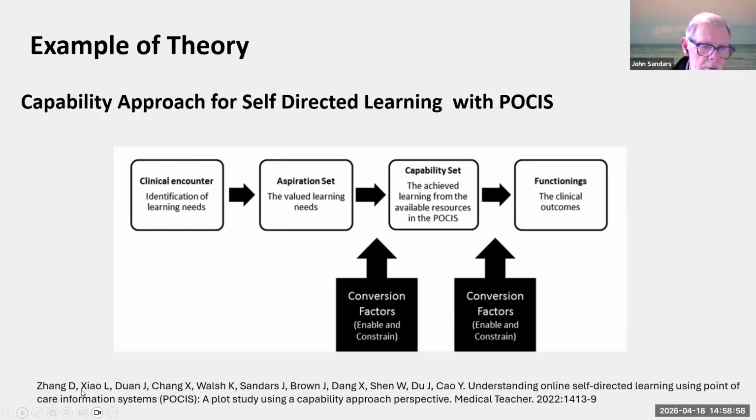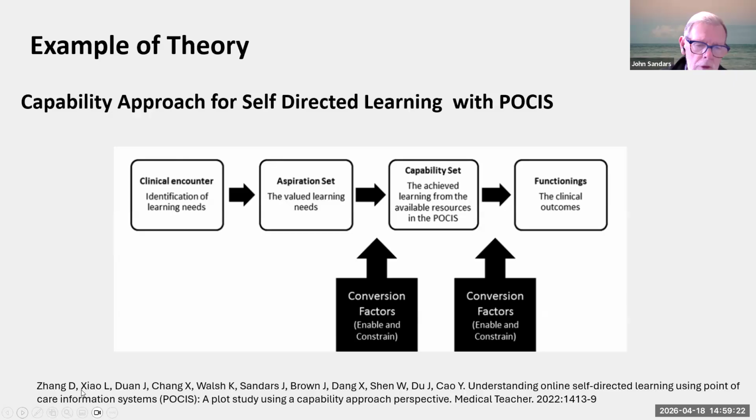Because as you can see, to begin with, it starts with a clinical encounter. Individuals have valued learning needs. Then you look at the extent to which those learning needs can be met by the available resources, and then the impact on clinical outcomes.